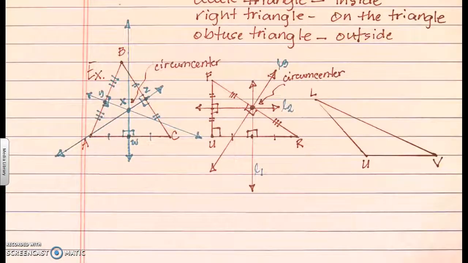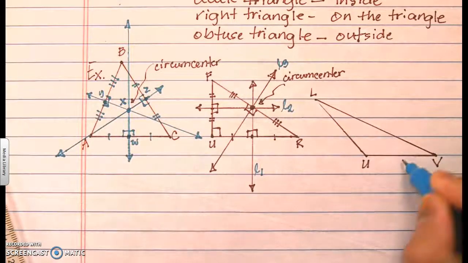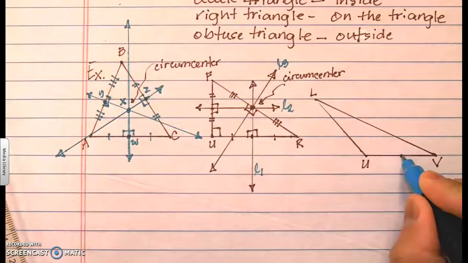For this last and final example, I have an obtuse triangle, which we are anticipating that the circumcenter is going to be found outside the triangle because it is obtuse. So at this point, I would like to share with you how to construct perpendicular bisectors. So in this case, side UV, I will first approximate my midpoint.